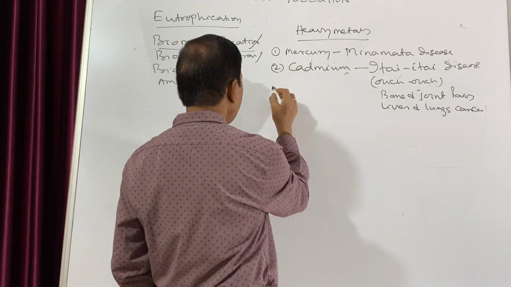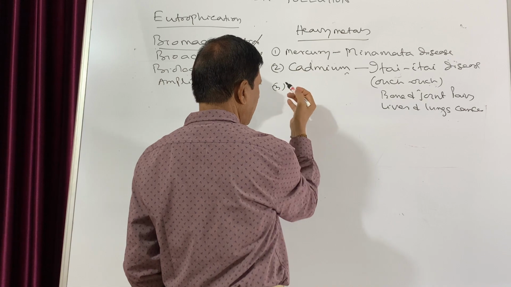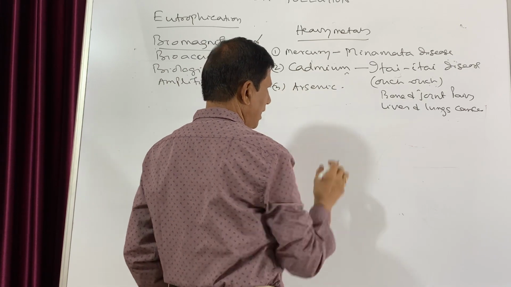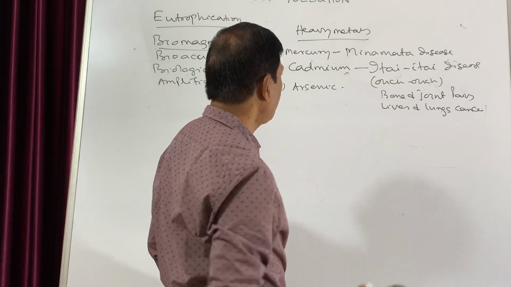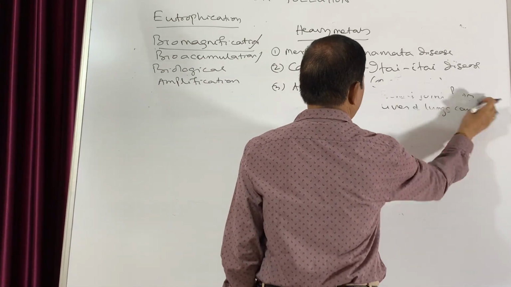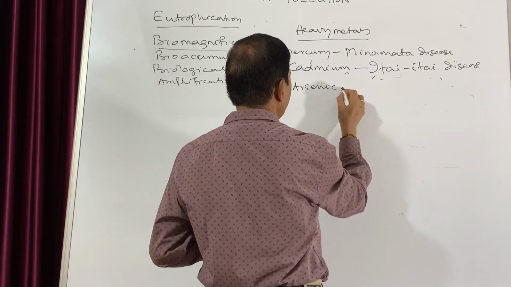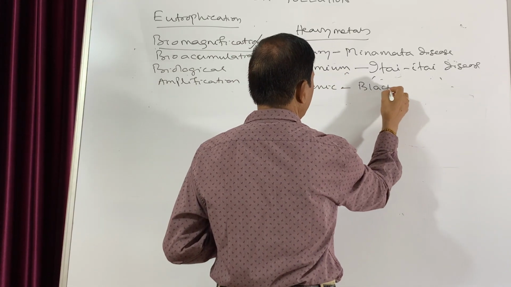Then let us give a third example, that of arsenic. Arsenic usually causes black foot disease.